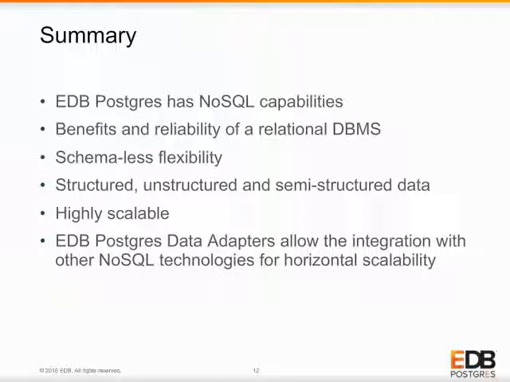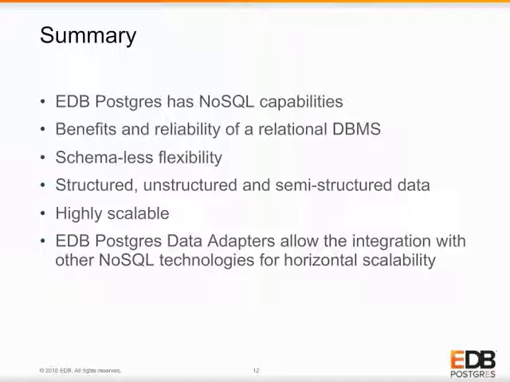With relational and non-relational database within one database, you have the possibility to use structured, unstructured, and semi-structured data in the same database. It is highly scalable, and if you wanted to be even more scalable, you could use a NoSQL data store, accepting some of the disadvantages for the very big advantage of being highly horizontally scalable.